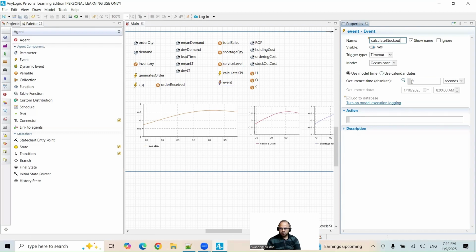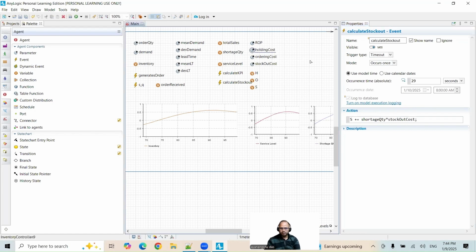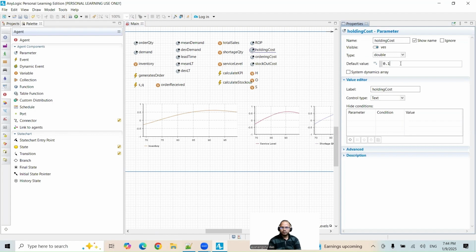And we will just define it to happen once, where it will calculate the stock out cost, and it will multiply the number of shortages by the stock out cost. So we'll have to define the costs. So suppose the holding cost of one unit is $0.1, ordering cost is $10 for each order, and the stock out cost is say $0.5 for each unit.